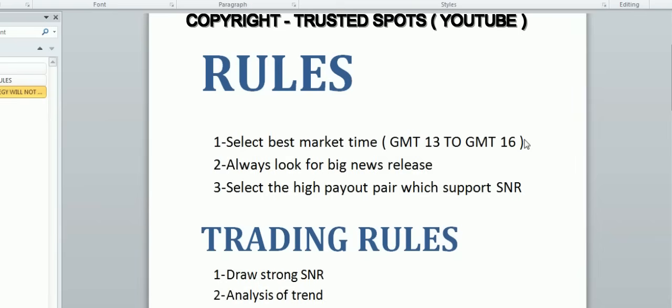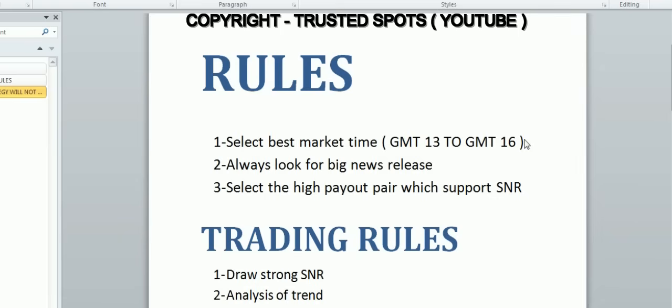If you don't know how to look for that, I have posted an earlier video on how to select the best pair, and you can watch it to understand it completely. Try to select the best pair which does not have big news releases, or avoid them for about half an hour if there is news on certain currencies. So this is the second rule.